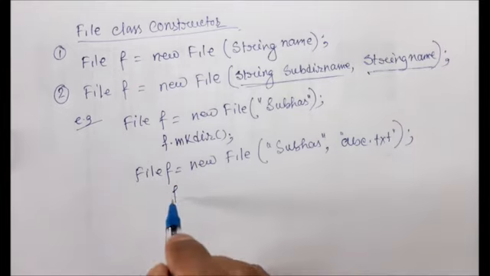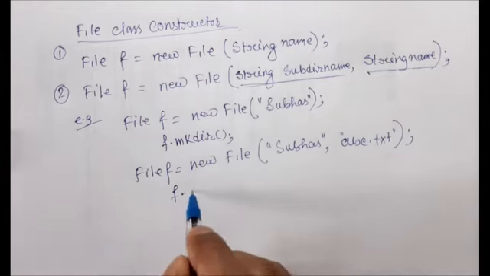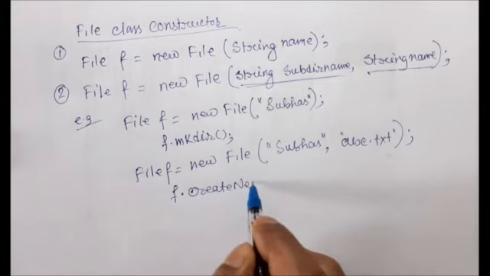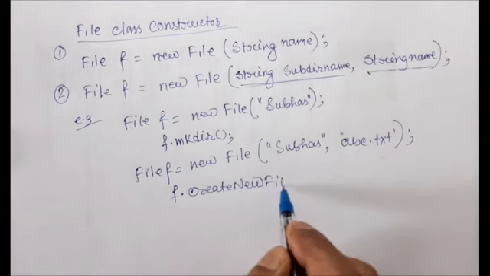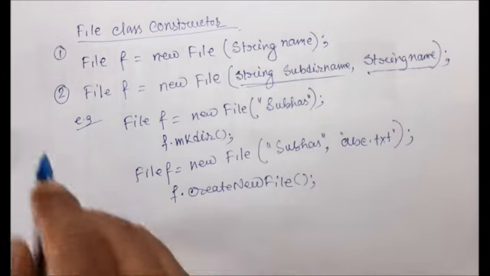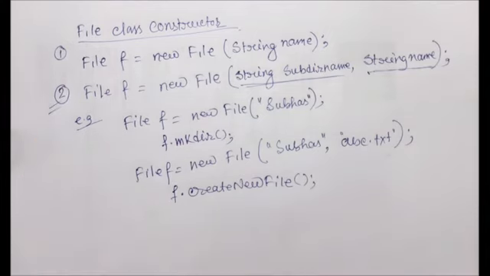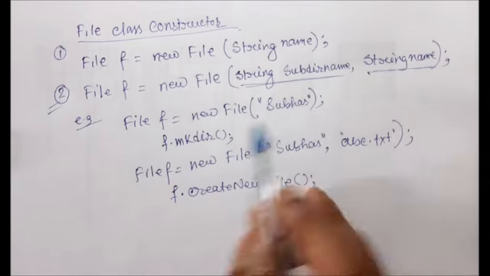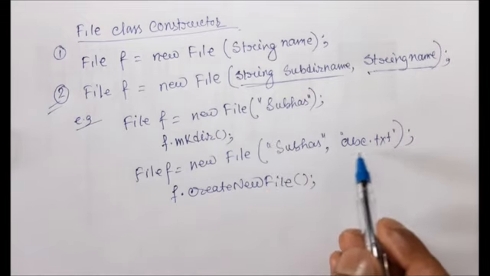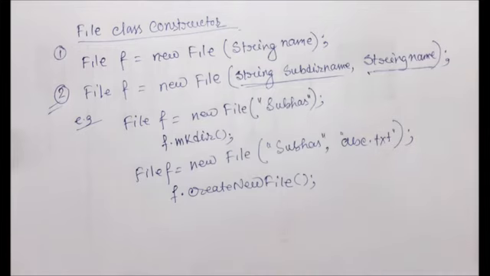After that we can write f.createNewFile, right. So, this is the second constructor, which is used to create a file under a directory, and you know that first we created the directory, and under it I created a file named abc.txt, right.